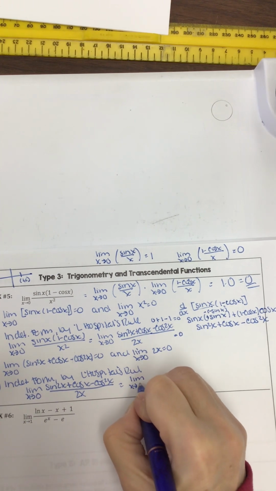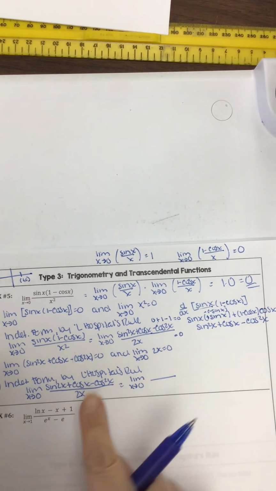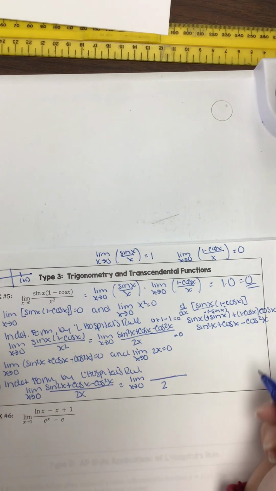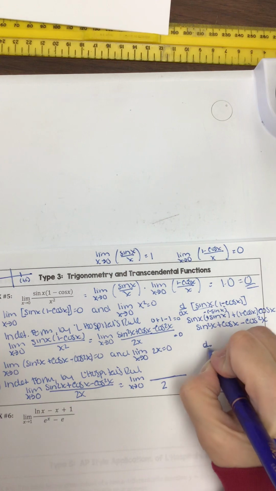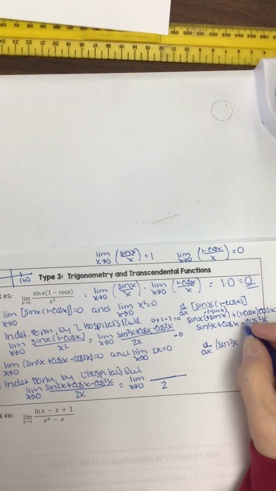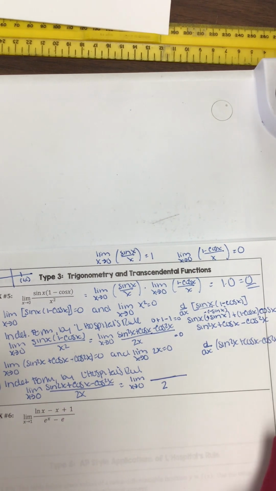Now you can see that this is starting to help us, right? Because the derivative of 2x is 2. And so then we have to do the derivative of sine squared x plus cosine x minus cosine squared x.